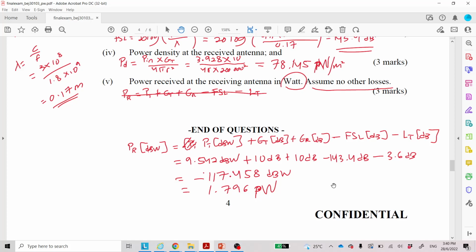Easy, right? The question is not difficult. The question is not difficult for question number 5. Easy to score. So I open to questions and answers. If you want to ask a question, if you don't understand, you can ask me now, no problem.